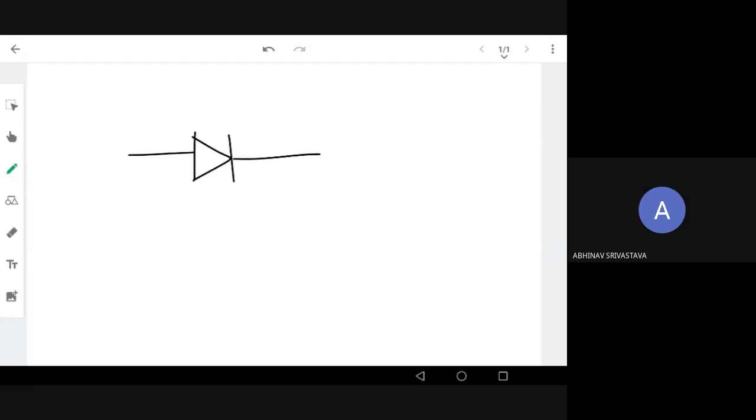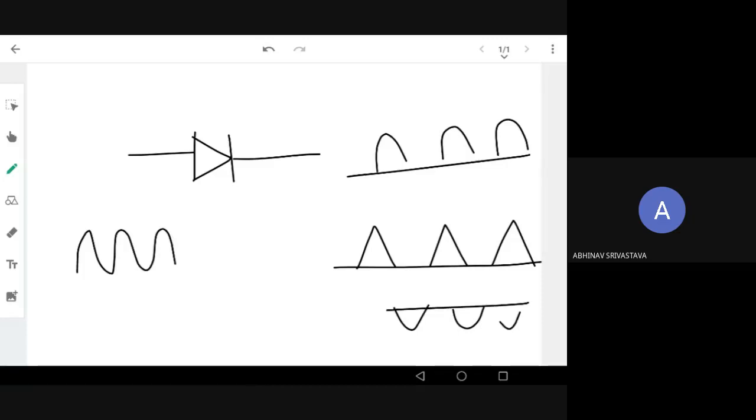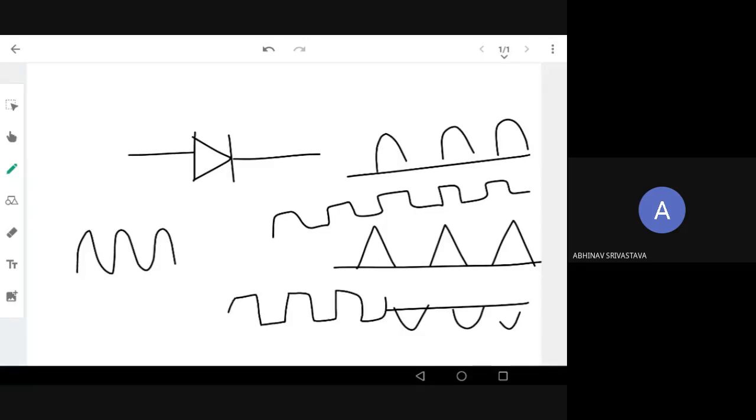Especially with a signal like a sine wave, how to convert the sine wave into a triangular pulse or a positive pulse, etc. There are a lot of applications: rectifiers, positive pulse or negative pulse in the output, different wave shapes like clipper circuits' output waveforms, different types of clippers, sometimes both positive and negative clippers.